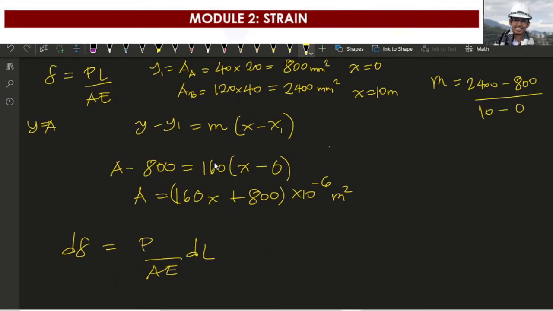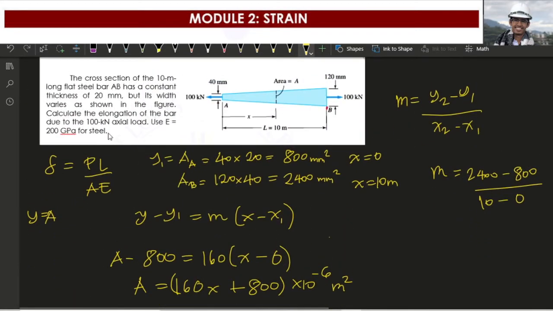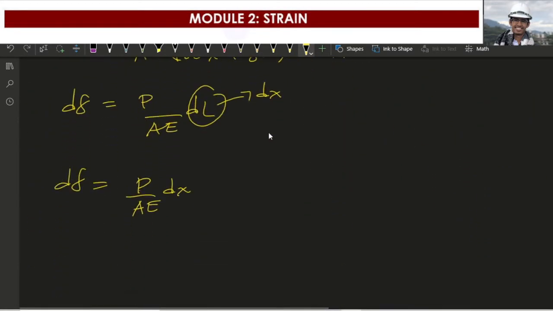So we can rewrite it as the differential elongation is equal to P over AE differential x. So we can change this as dx. Okay? So ang constant natin is yung force and yung E. Tama? So pwede nating ilabas yon, no? So para mawala yung differential natin, we need to integrate it, no, both sides.